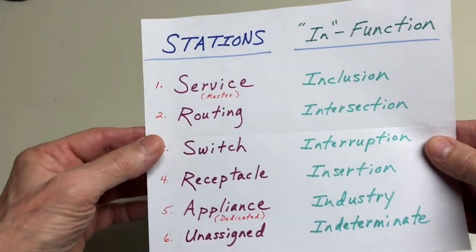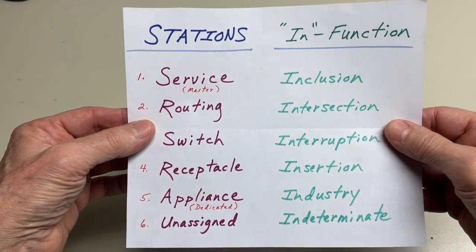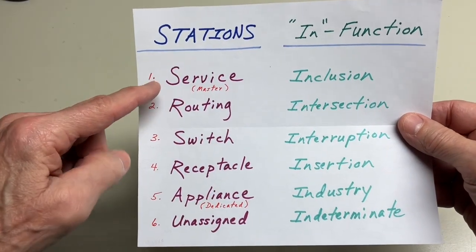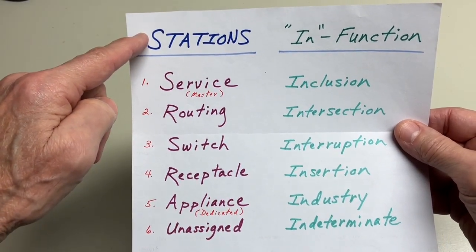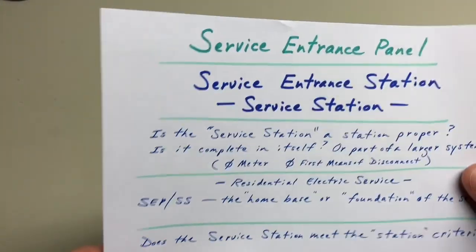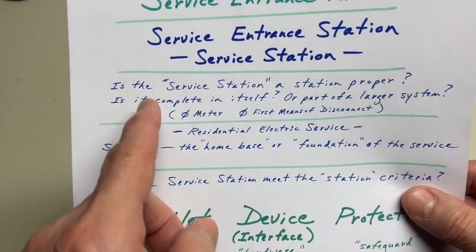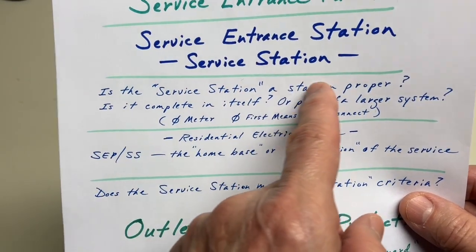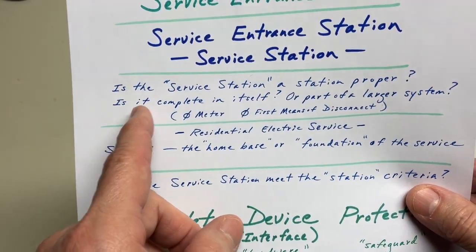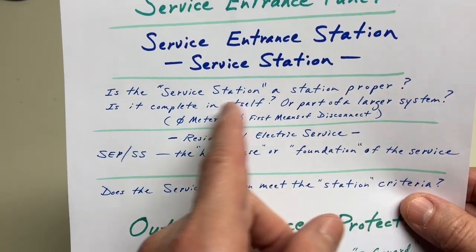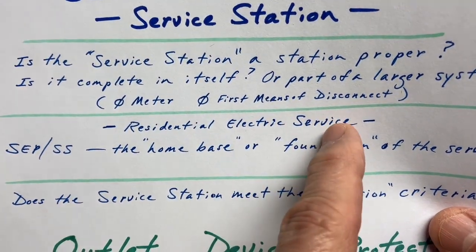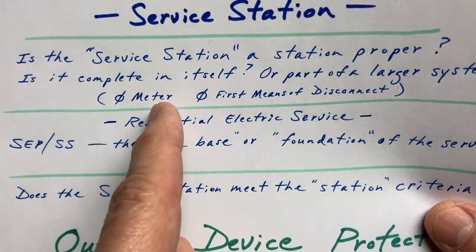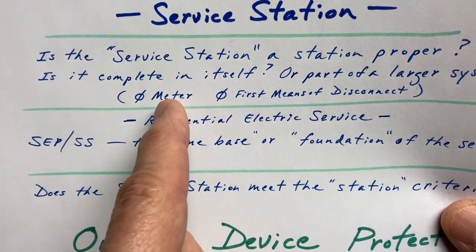So someone might ask, why does this old guy who makes these goofy videos include the service entrance panel in his selection of stations? Okay? That astute viewer might say, is the service station a station proper? Is it complete in itself, or is it part of a larger system? Now, when I talk about a residential electric service like here at my house, I'm not talking about the meter. We're not including that. It's not necessary.